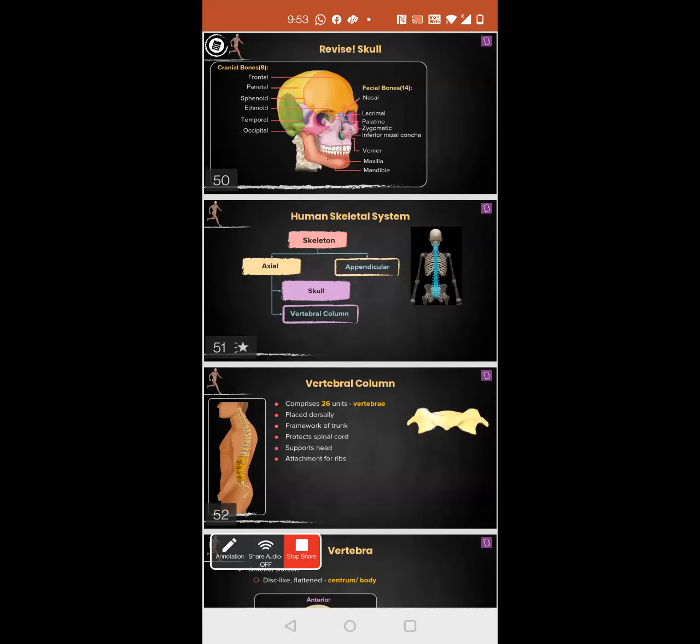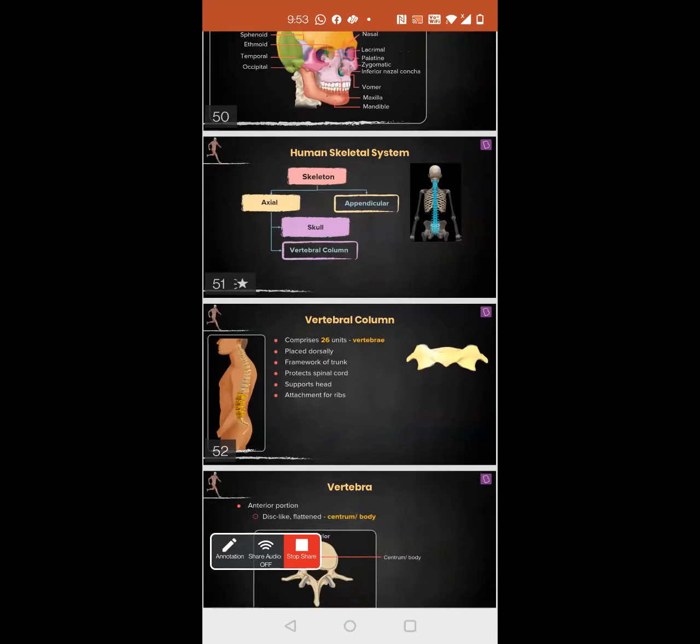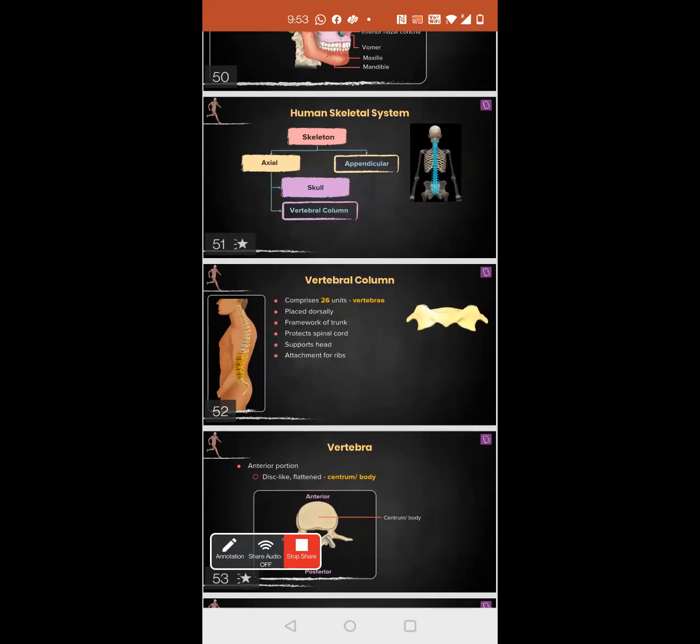The main thing, as I said, is that the vertebral column covers the spinal cord. Apart from that, it is also a support for the ribs. All the ribs, if you see from the back side, are connected to the vertebral column.